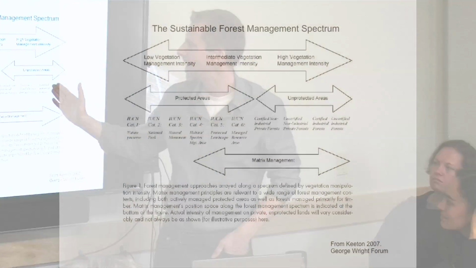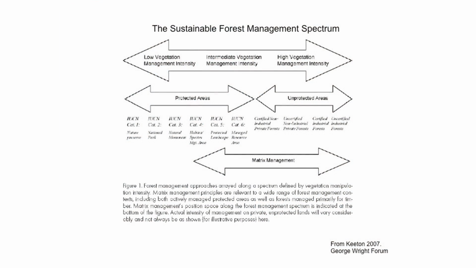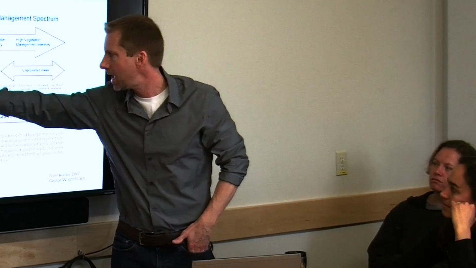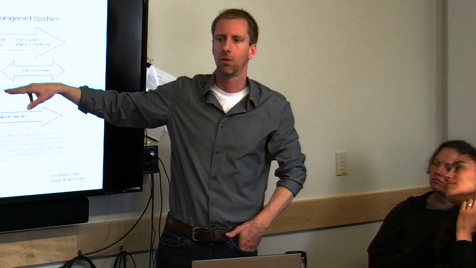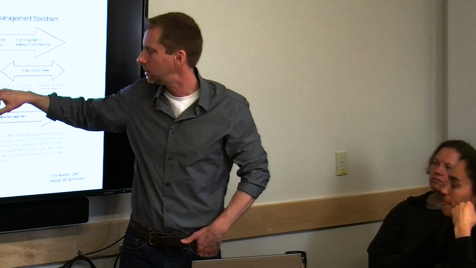And we recognize now that really sustainable forestry is kind of this continuum of options, ranging from strictly protected reserves at this end of the continuum to actively managed industrial forests, certified forests over here, and then everything in between. If you think about the IUCN protected areas categories, for instance, they incorporate that sort of spectrum, that range of opportunities there.